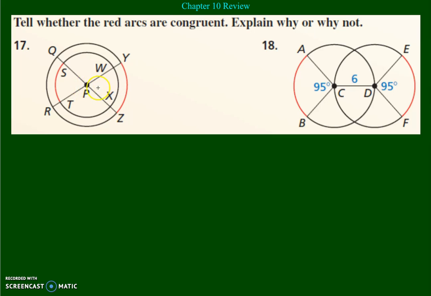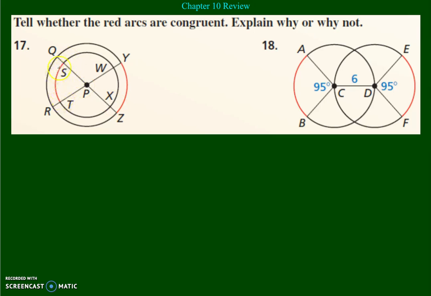They are similar arcs because they have the same measure. Since this angle and this angle are vertical angles, this arc and this arc have the same measure, but that means they're similar arcs, not congruent arcs.